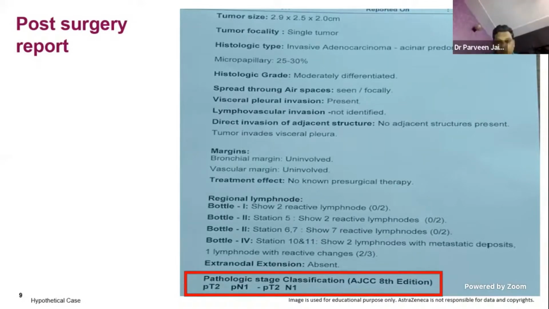Okay. So Venkat, can you just throw some light on what is called an adequate lymph nodal dissection? And is this an adequate lymph nodal dissection?